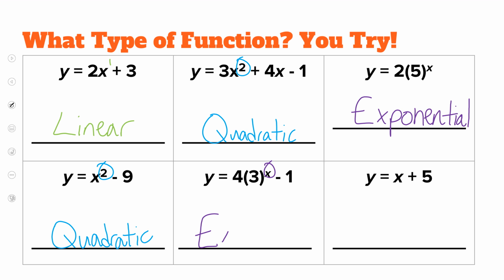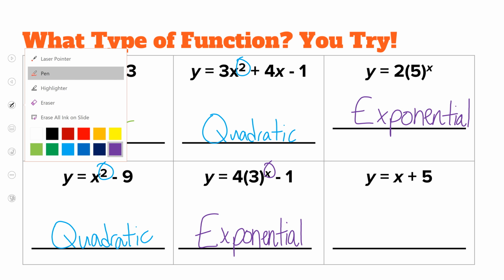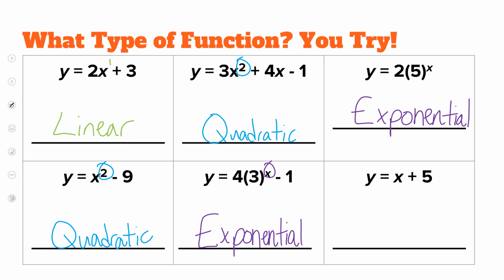So this is an exponential function. And our last function given to us on this example page is y equals x plus 5. The x is understood to have a degree of 1, so this is a linear function.